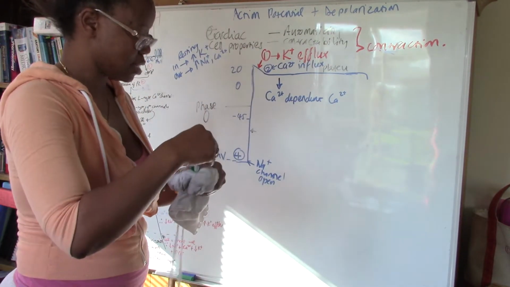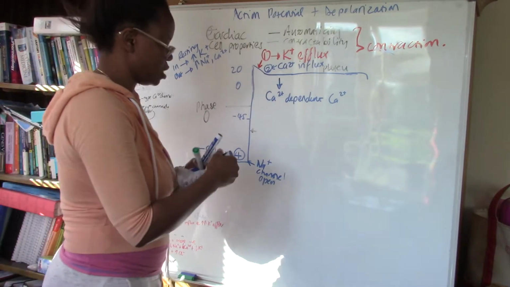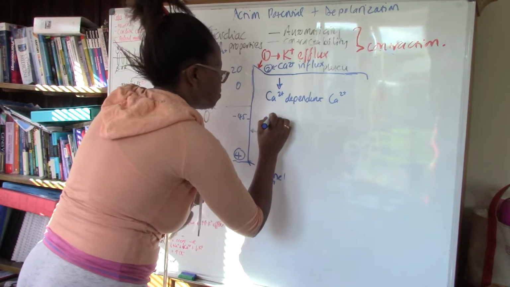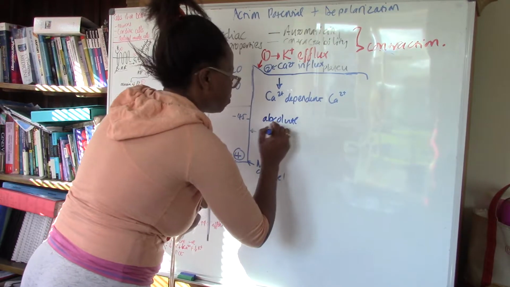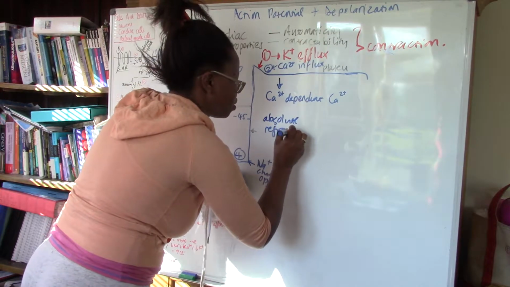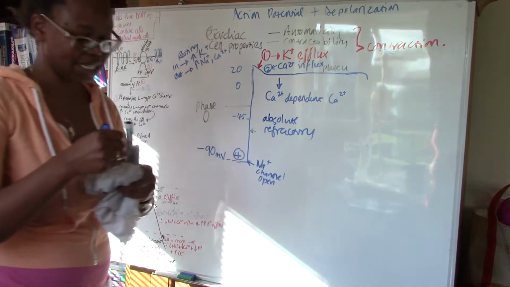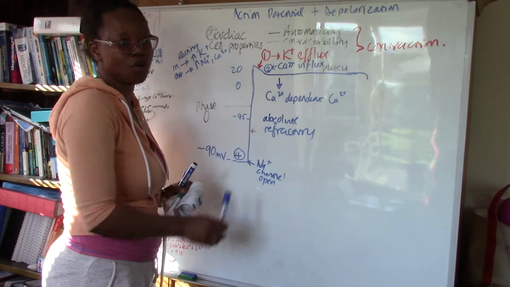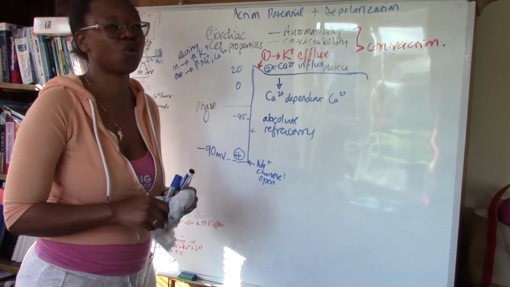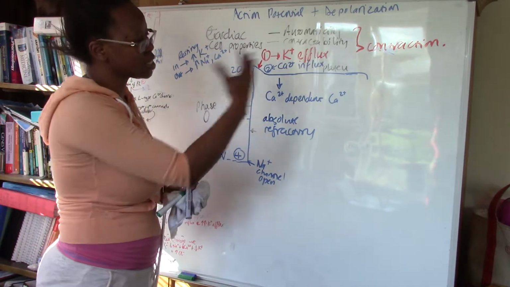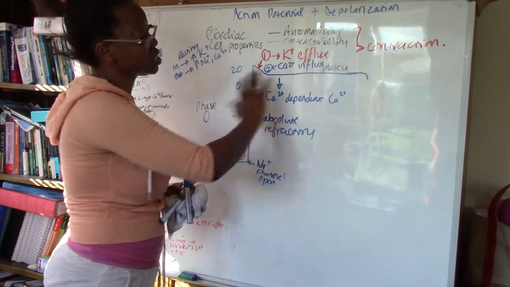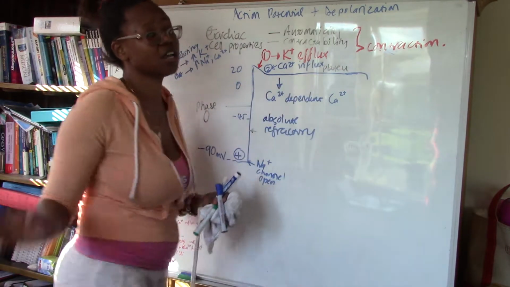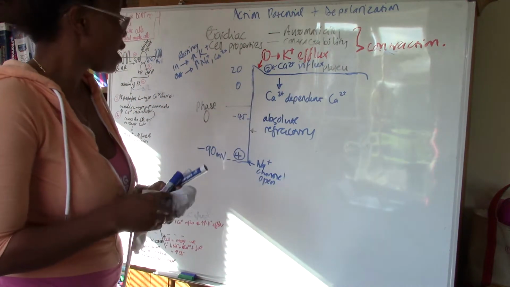So as that happens, this cell is now in absolute refractory, which basically means that it can no longer be depolarized, even if any more impulse is generated or tries to come in. The cell can no longer be depolarized because it is now at work undergoing contraction.